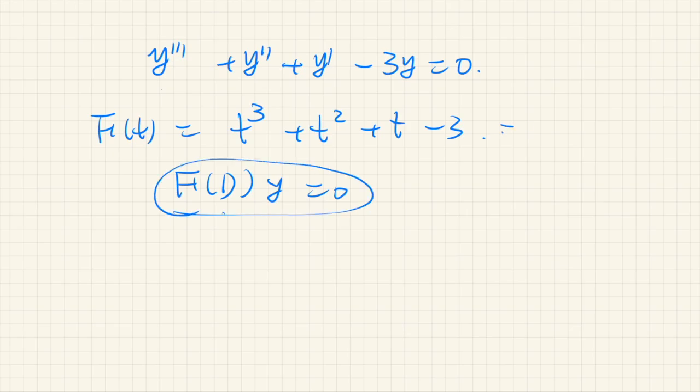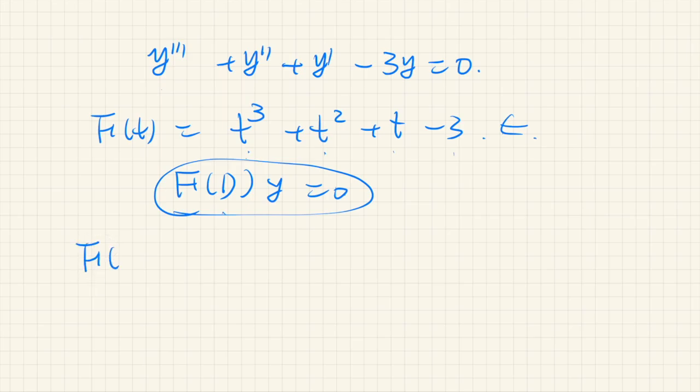To solve this, we first factorize this polynomial. Okay, so how can we factorize this? If we put t equal to 1, then this is 1 plus 1 plus 1 minus 3, which is 0. So t equal to 1 is one of the solutions, so we can factorize by t minus 1.